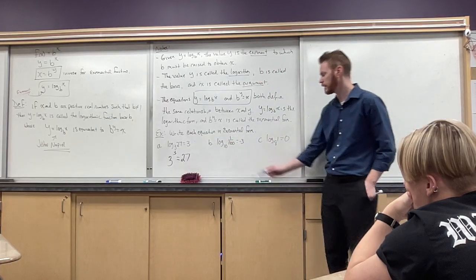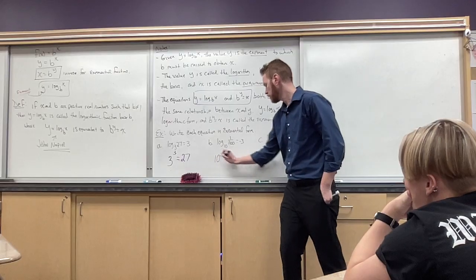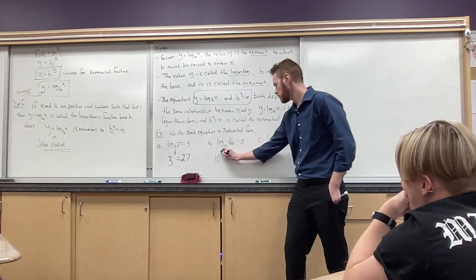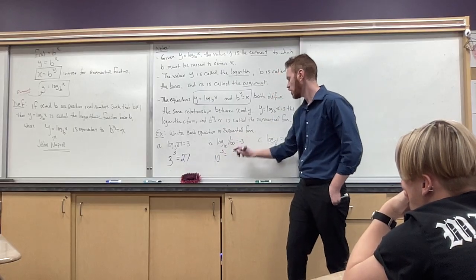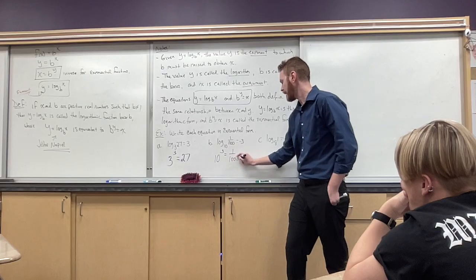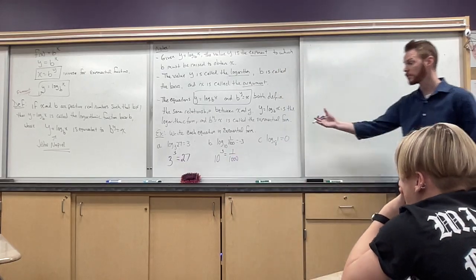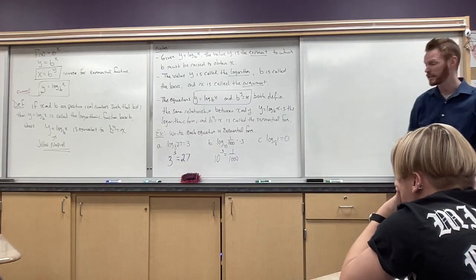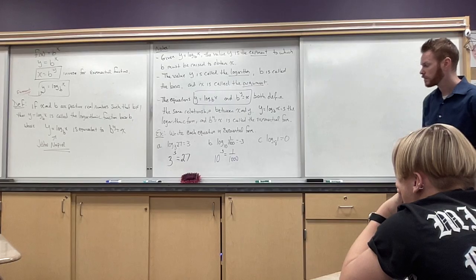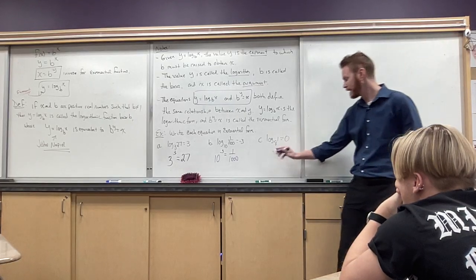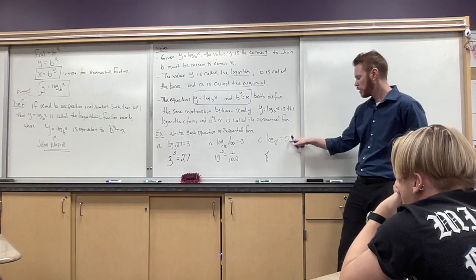Okay, over here, same thing. So 10 is my base. The exponent is what's over here, so that's a negative 3. And then the argument is what it's equal to, so 1 over 1,000. So 10 to the negative 3 does give you 1 over 1,000. And then the last one over here, our base is 8. Our exponent is 0.